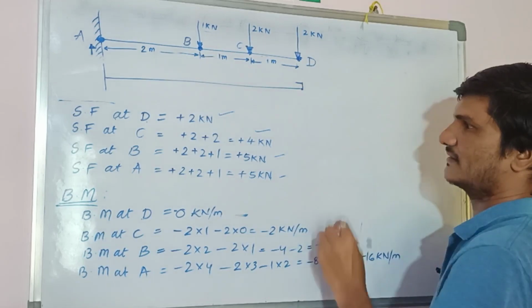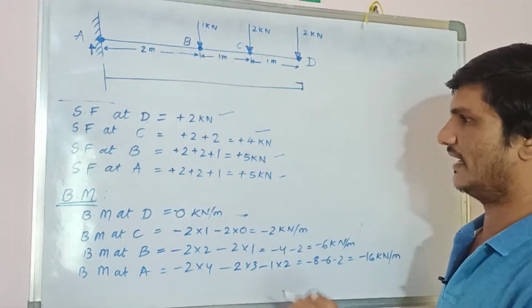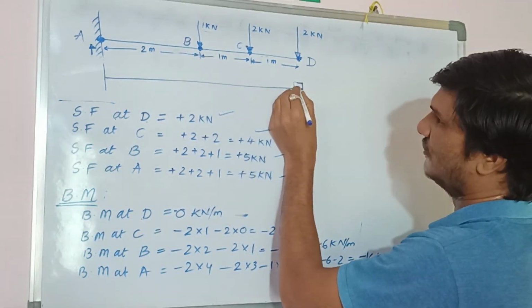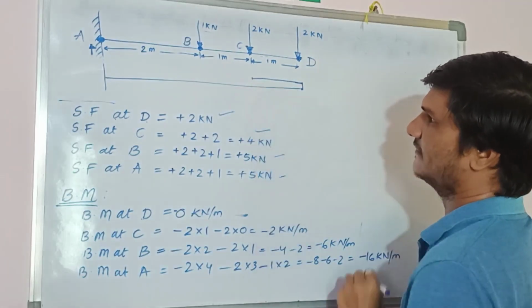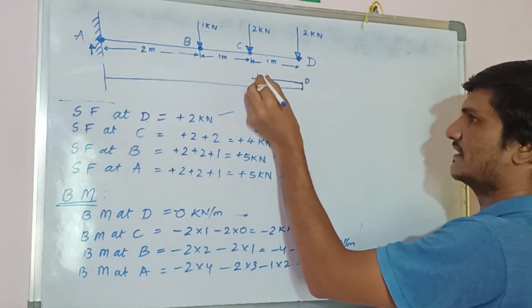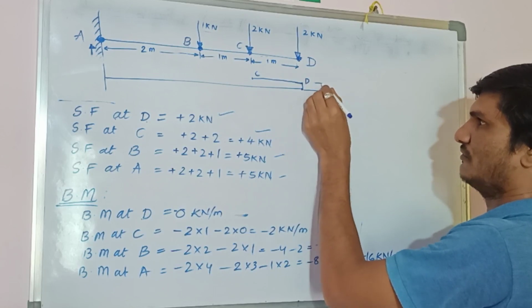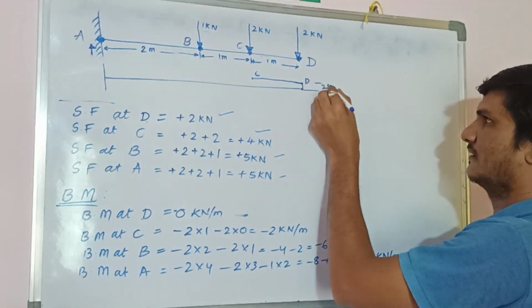It will be uniform up to the point C, from D to C, with a value of 2 kilonewton.